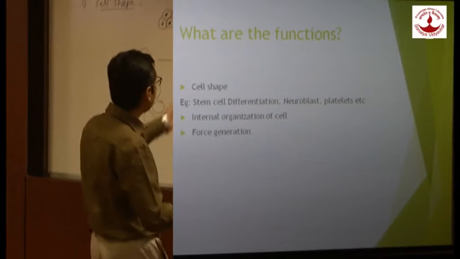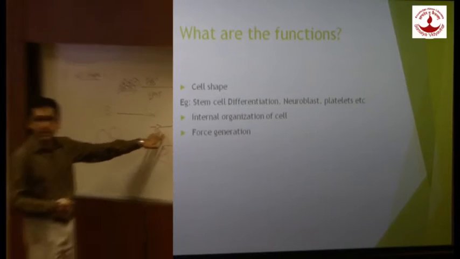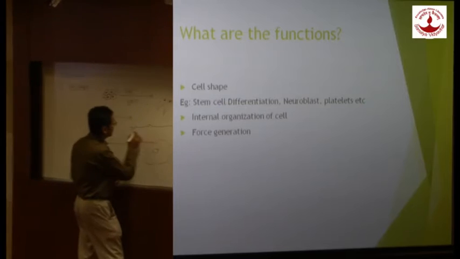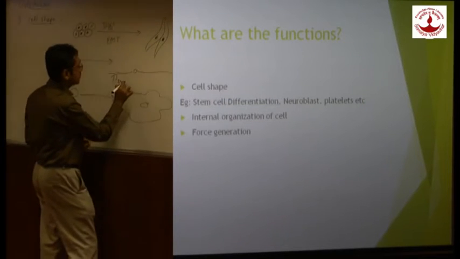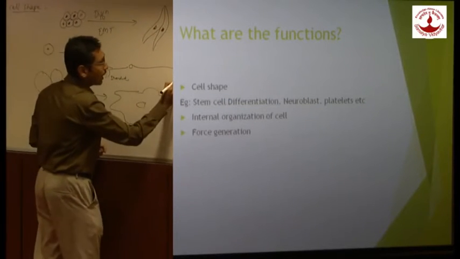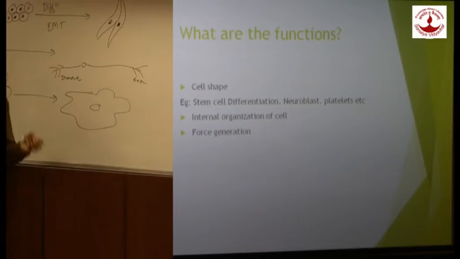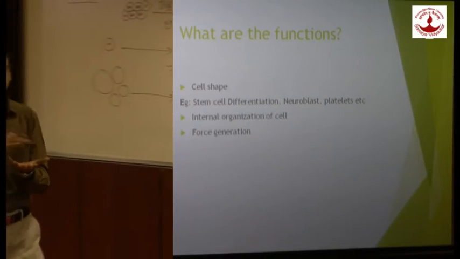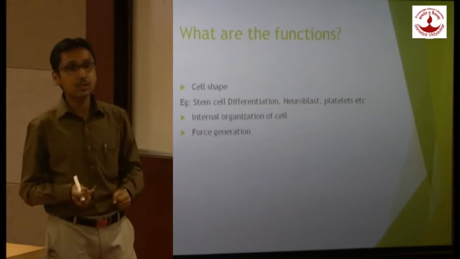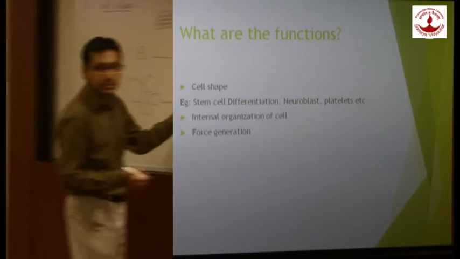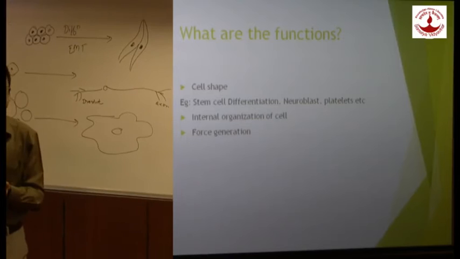You take an example of a neuron. In this case, this is the dendrite and an axon. Axon is presynaptic, so it releases neurotransmitters, whereas dendrites are postsynaptic.